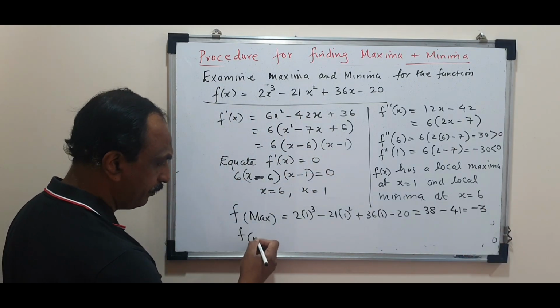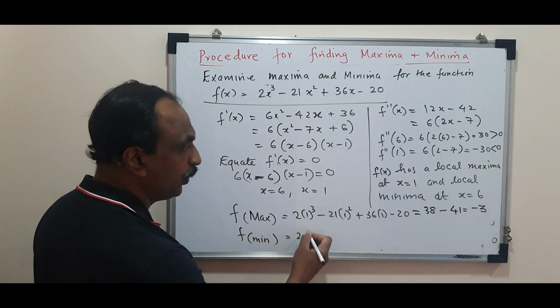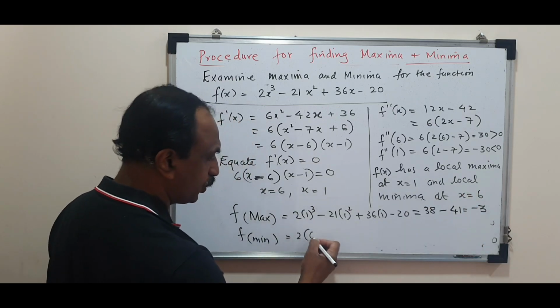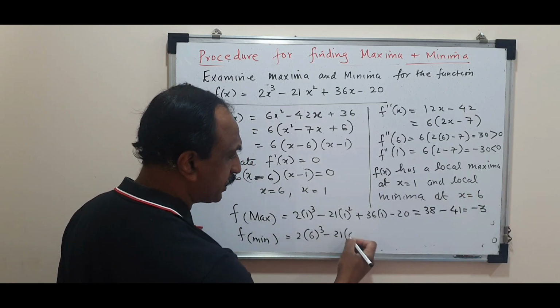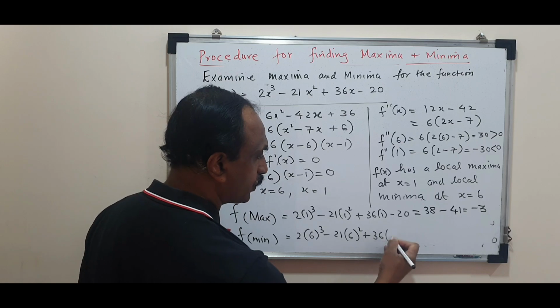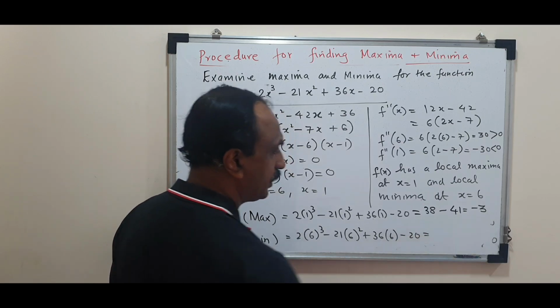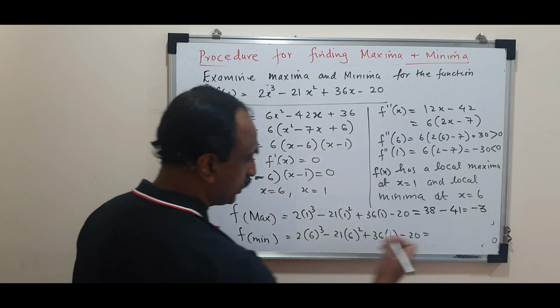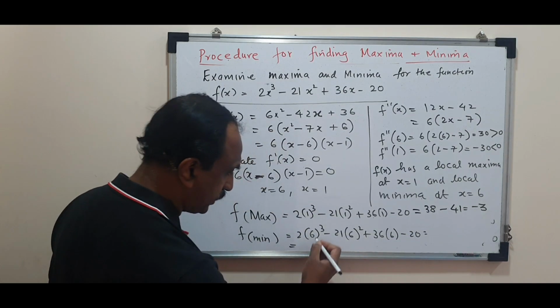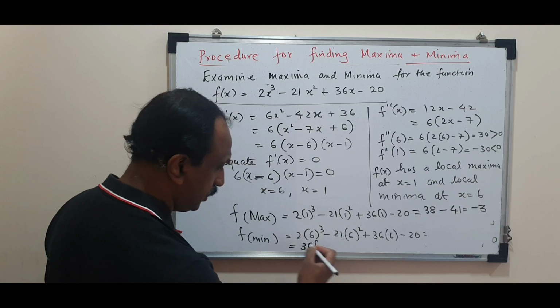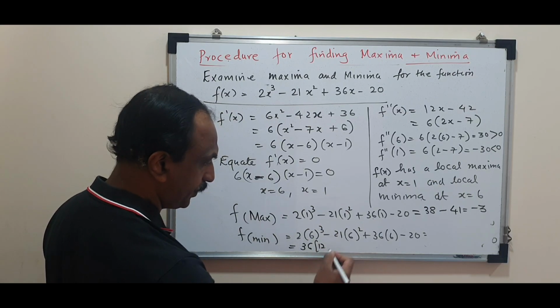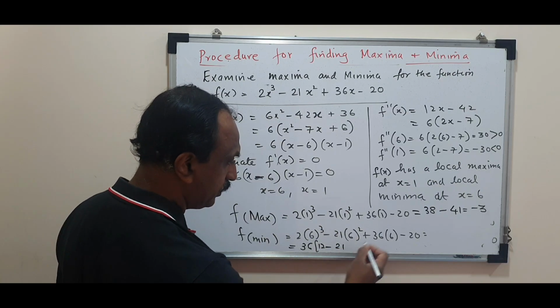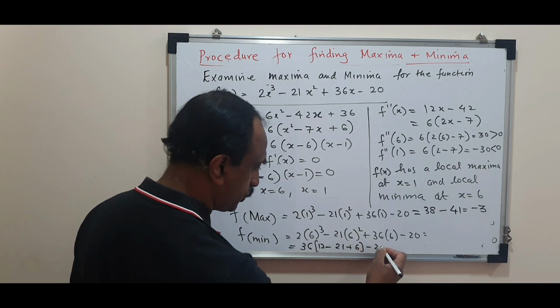Now f minima: 2 into 6 cube minus 21 into 6 square plus 36 into 6 minus 20. 6 cube is 216, so 432. We'll take 36 common. So this becomes 12, this becomes 21, and this becomes 6 minus 20.